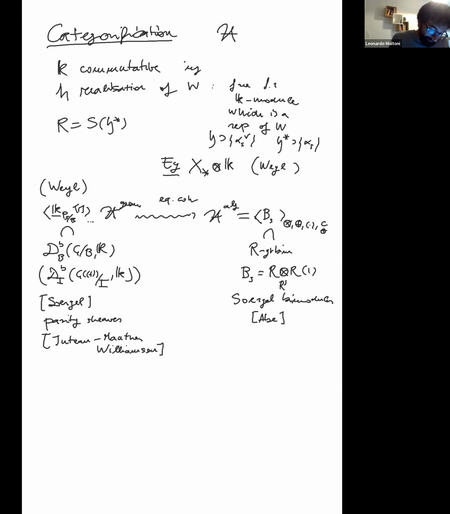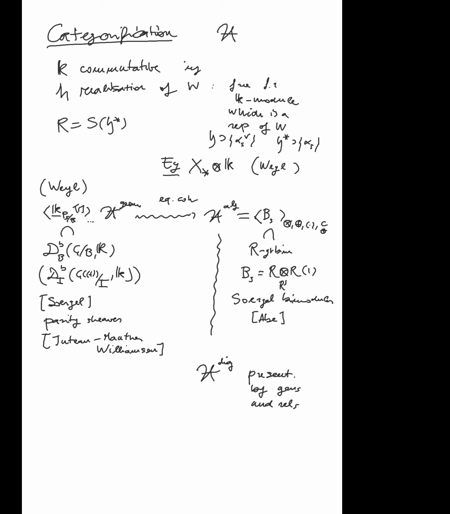And then we can consider a third categorification, which is the diagrammatic category. And this is a presentation by generators and relations of both categories, actually, when they are well defined.